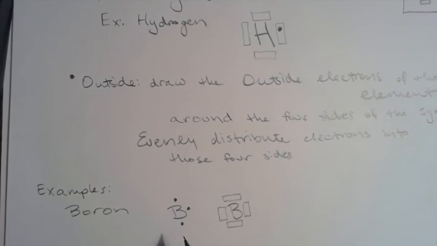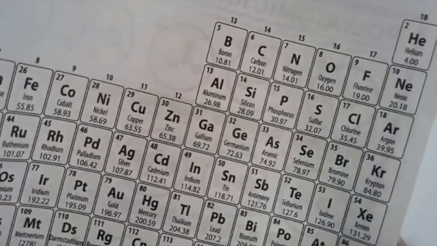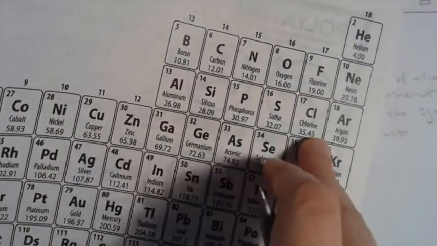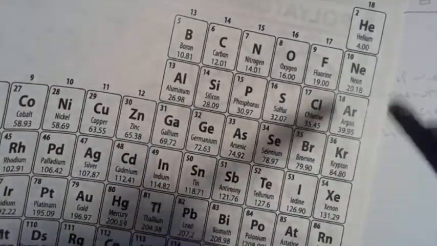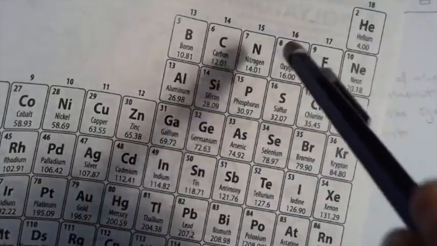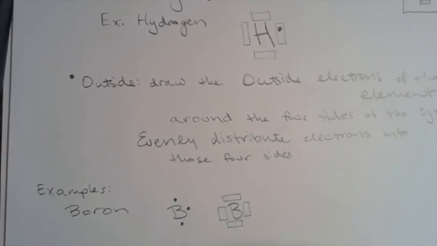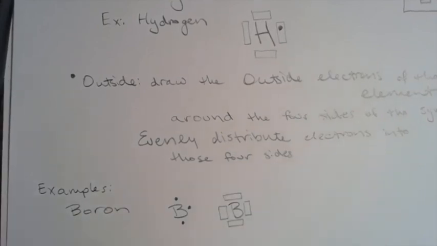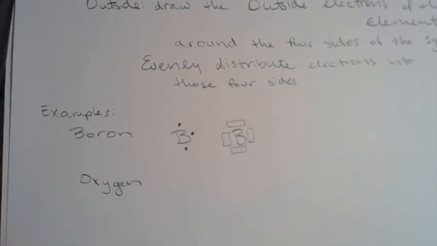But if we were to choose something with even more electrons, let's randomly choose. Oh, I might even choose something big just to show you how it works. Actually, I'll do something in the first 20 for now. Let's do oxygen. Put the symbol in the middle.